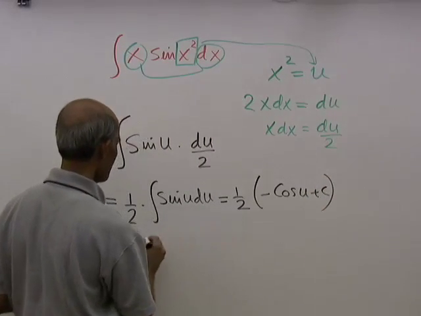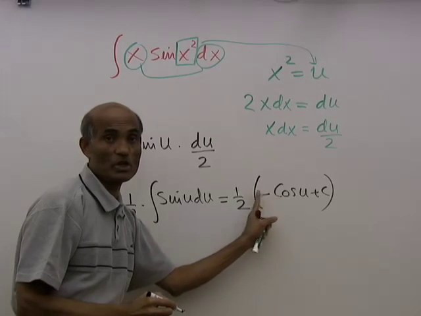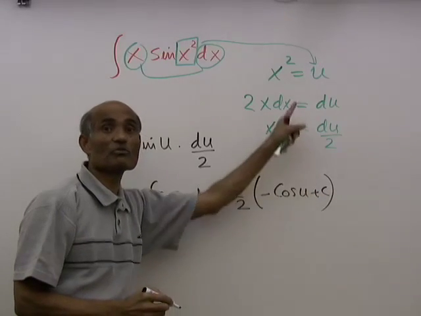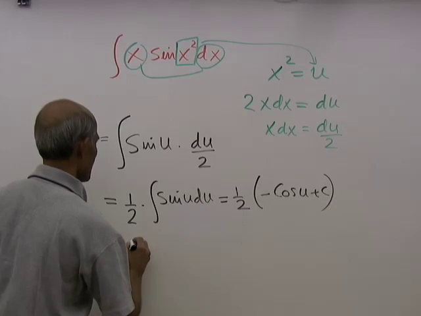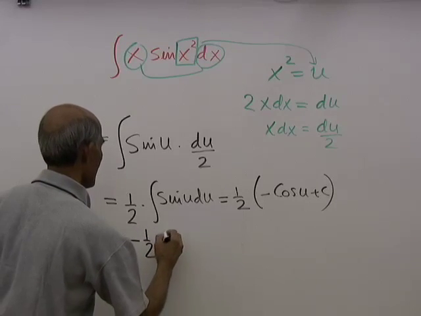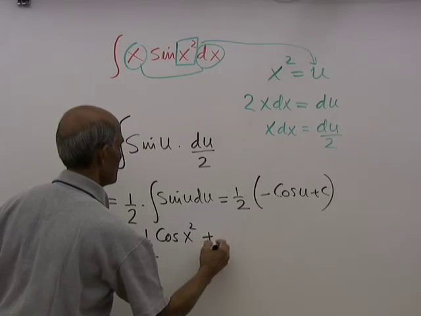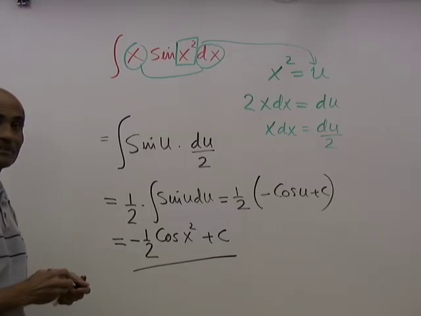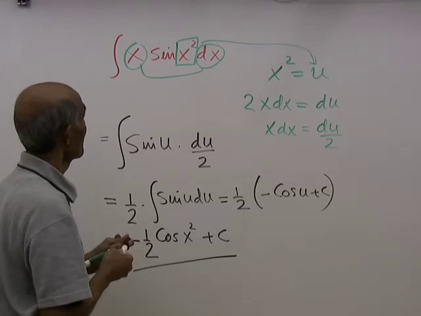And you can do 2 things in the next step. The whole answer is negative, and u can be replaced by x squared. So the answer is negative 1/2 cos of x squared plus c is the answer. That's right.